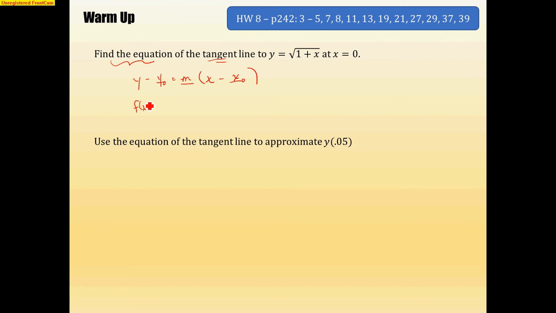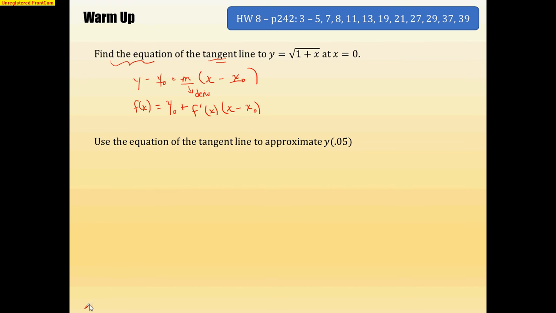Since I want f of x by itself, I'm going to add the y-coordinate, y sub 0, to both sides, plus the slope. But remember, what is the D word for slope? The slope is f prime at x sub 0, times parentheses x minus the original x.